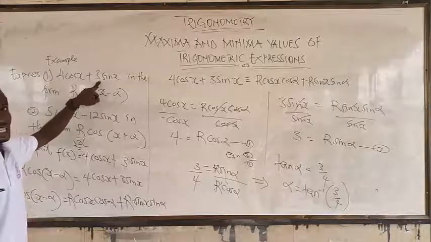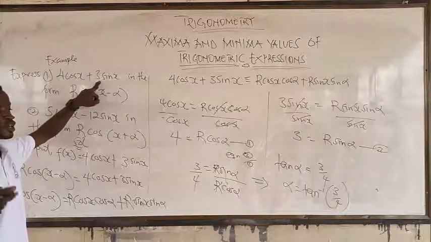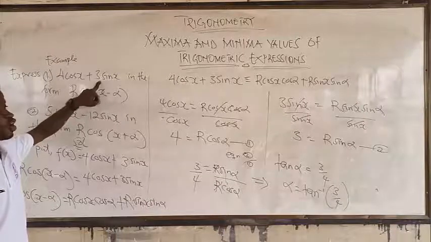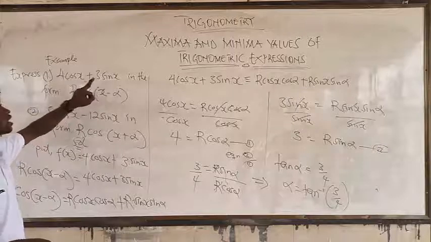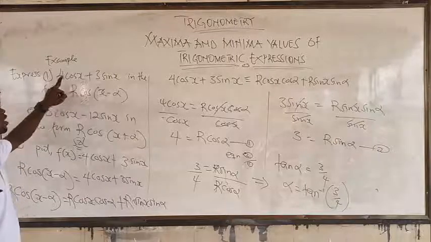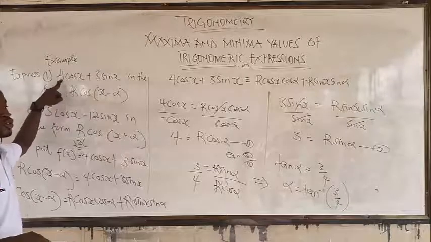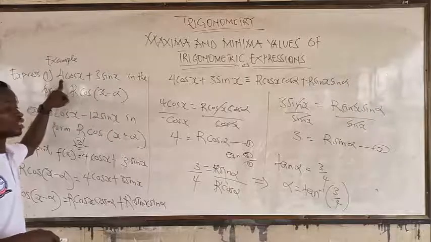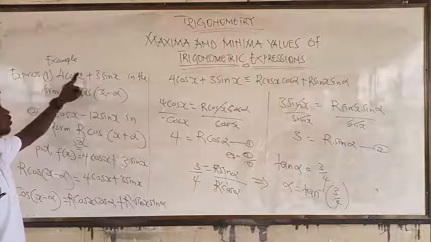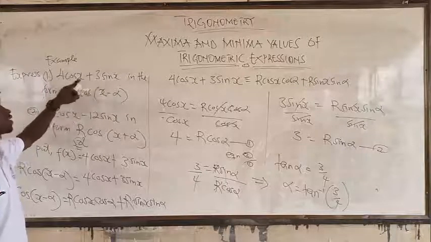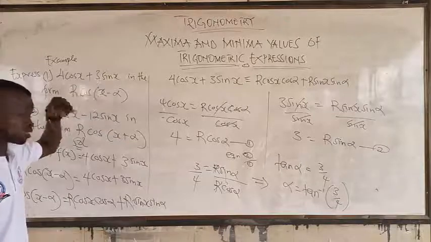This is for objective questions, where you have to look for the argument alpha. If you want to go for tan inverse, it will be the coefficient of the sin over the coefficient of the cos. If you want to go for cos inverse, then it will be the coefficient of cos over the coefficient of the sin.